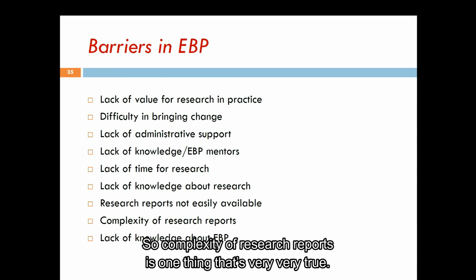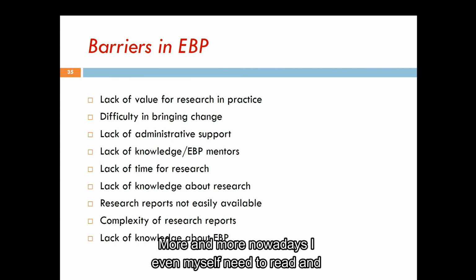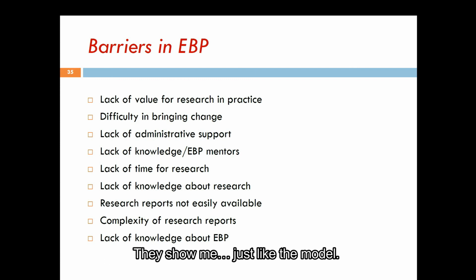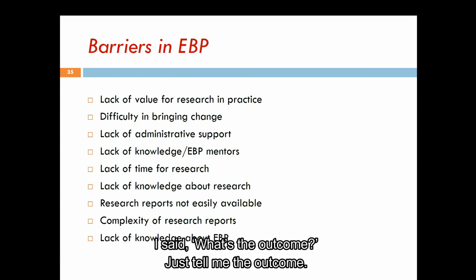So complexity of research reports is one thing that's very, very true. More and more nowadays, even I myself need to work hard to understand the research reports. So I keep asking my students, don't show me the equation. They show me very sophisticated models. I said, what's the outcome? Just tell me the outcome.